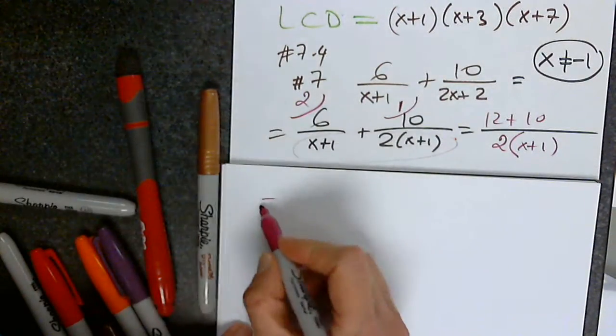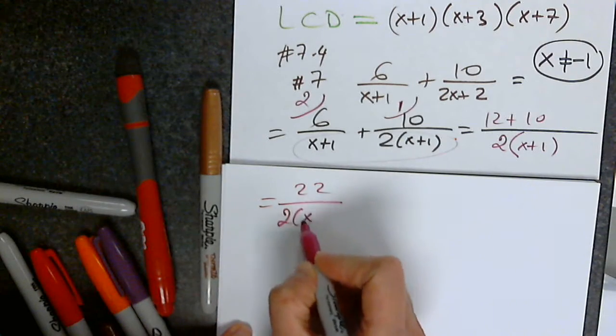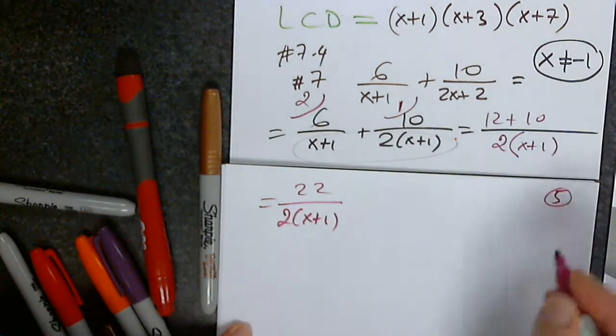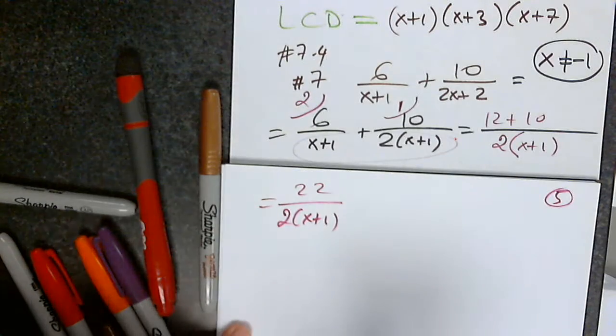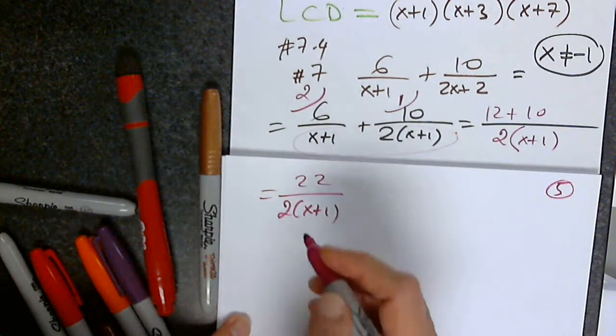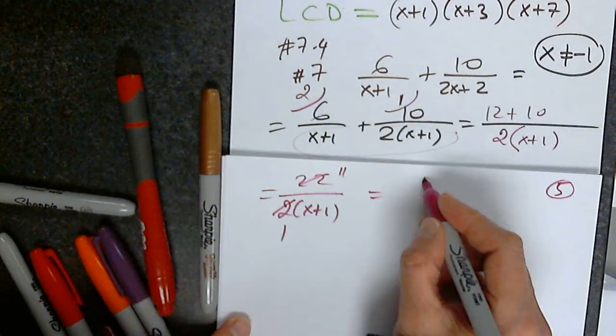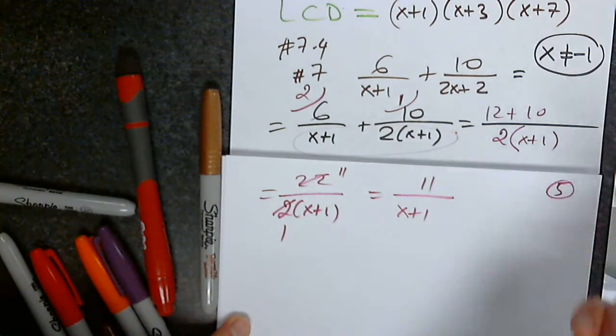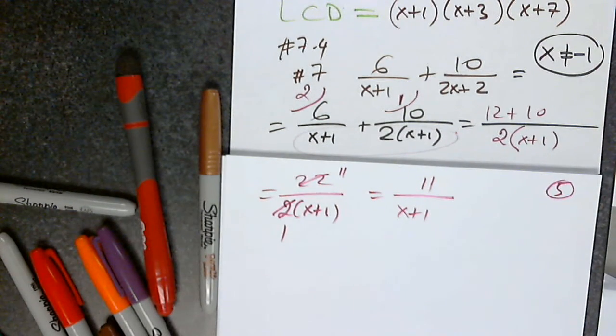And we get 22 over 2 times x plus 1. And if I can, I have to simplify. And I can by 2. So the simplified form is this, assuming x is never negative 1. Perfect.